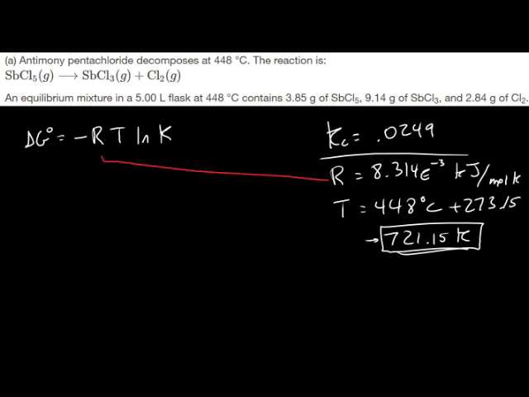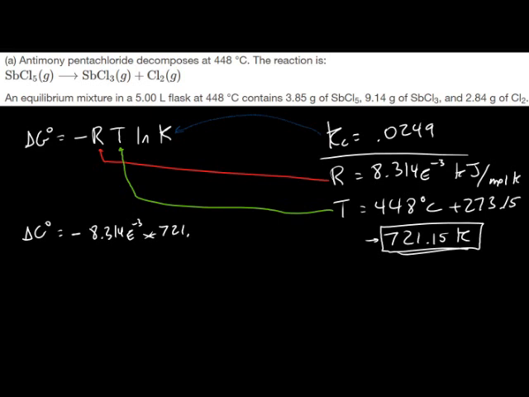The R will go in the first position, the temperature will go to the second position, and the K will go to the last position. So all we need to do is say that our free energy change is equal to negative 8.314 E negative third times temperature, which is 721.15, times natural log of 0.0249.